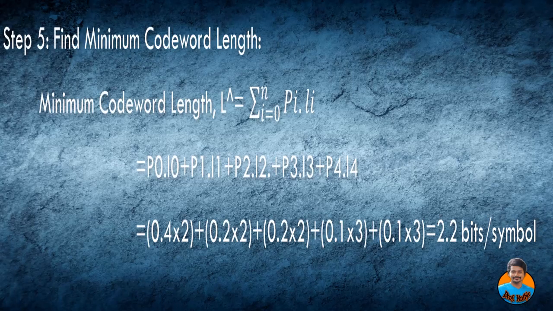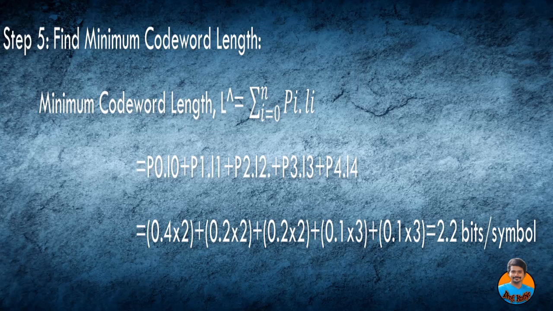Next step is to find the minimum code word length. It is represented as L dash and is given by the formula summation of i equal to 0 to n of P suffix i into L suffix i, where P suffix i is the probabilities and L suffix i is the code word length. Expanding the equation with n equal to 4, we get P0 into L0 plus P1 into L1 plus P2 into L2 plus P3 into L3 plus P4 into L4.